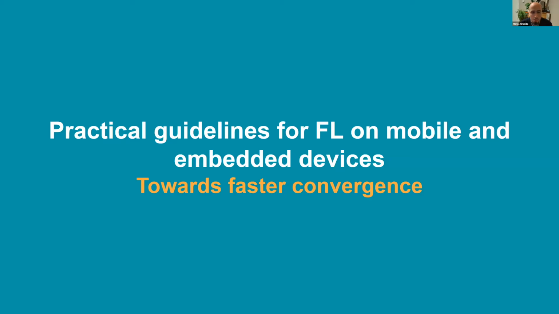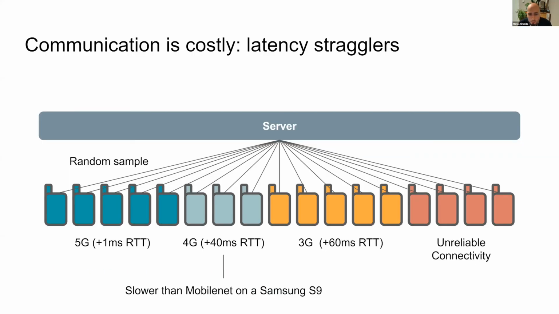So how to achieve faster convergence in these scenarios? You will see that there are many ways that a device can become a straggler, from communication level because of latency, because of limited bandwidth, to compute. So in terms of latency, some devices might be connected with 5G and they have 1 millisecond of time just to reach the antenna of the ISP.